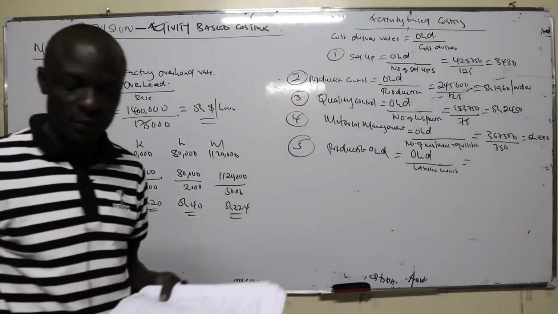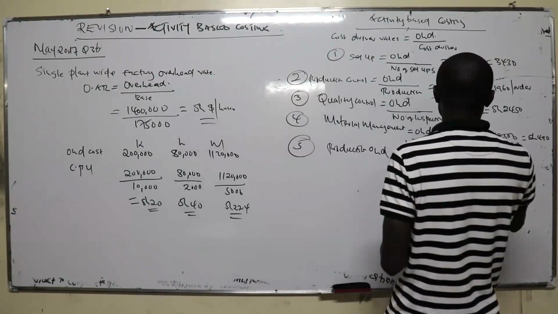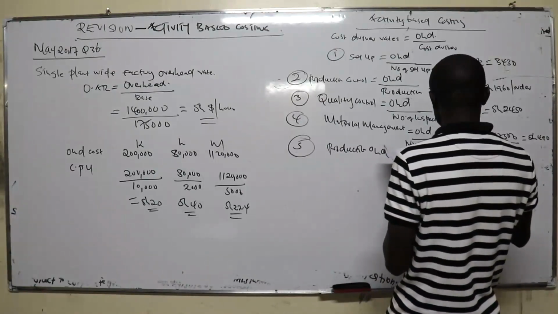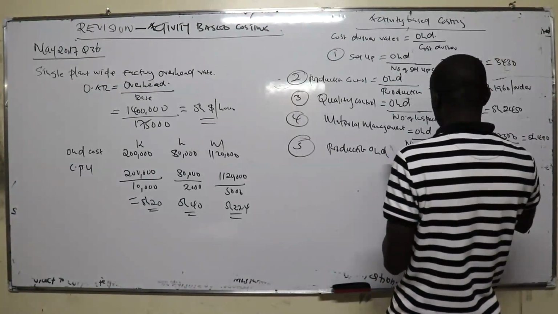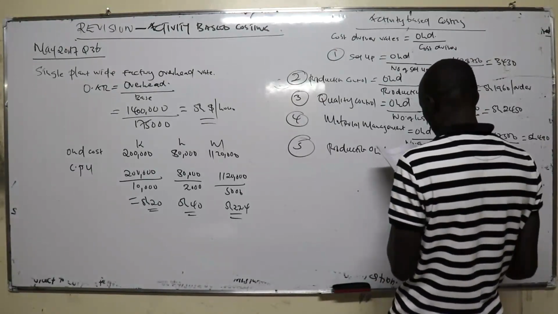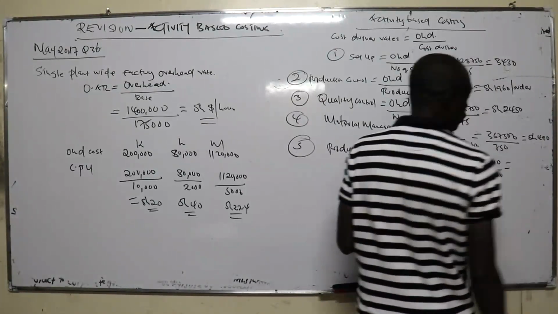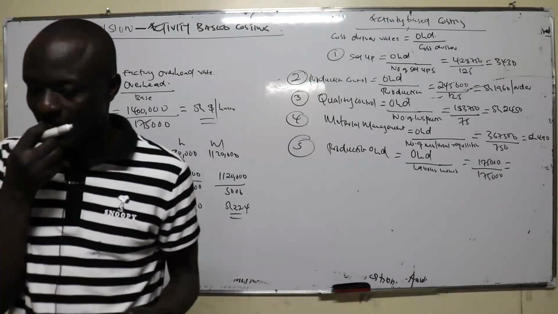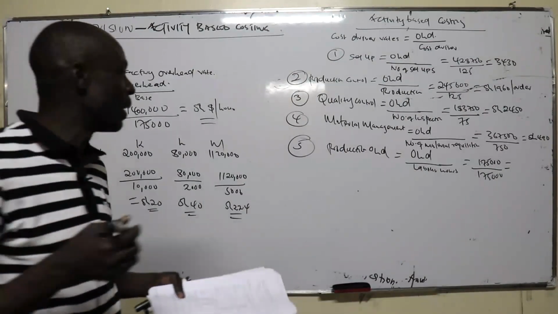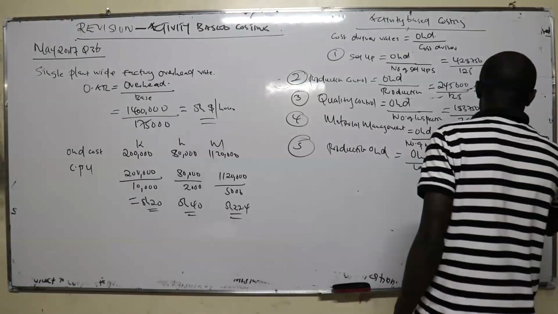So it's 175,000 over the total labor hours, which is 175,000. So this is going to give you 1 shilling per labor hour.